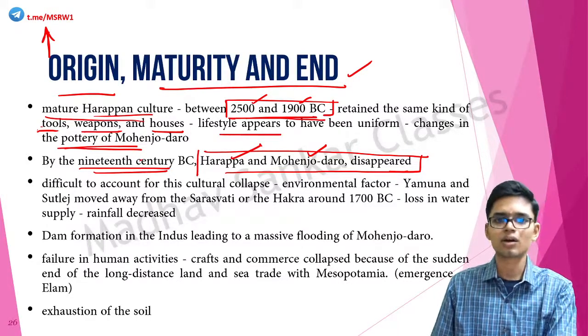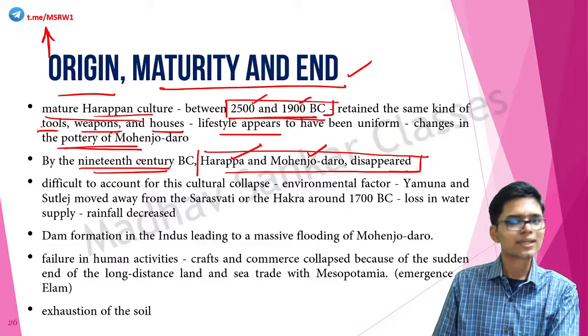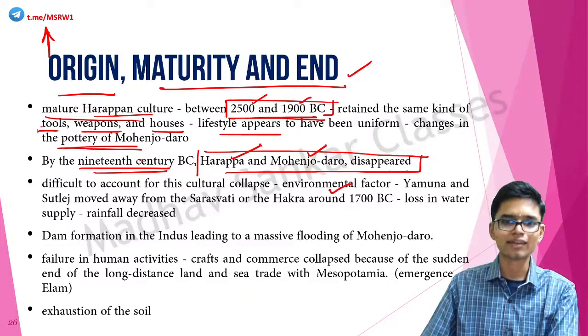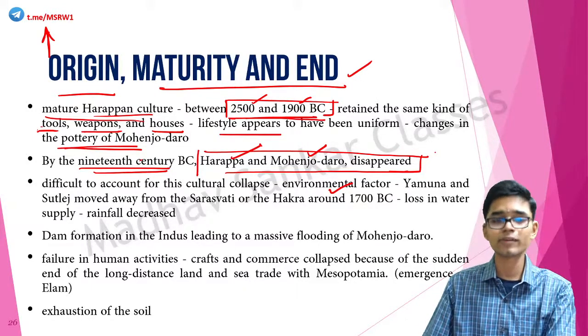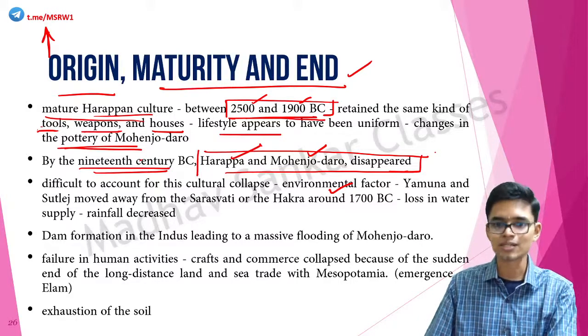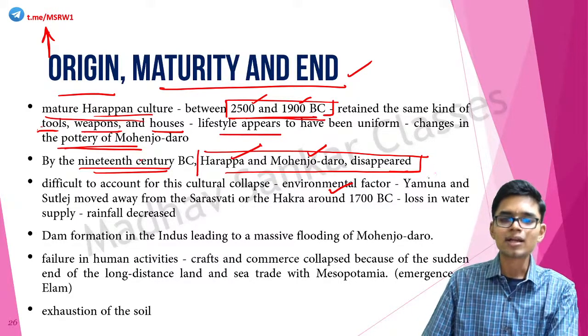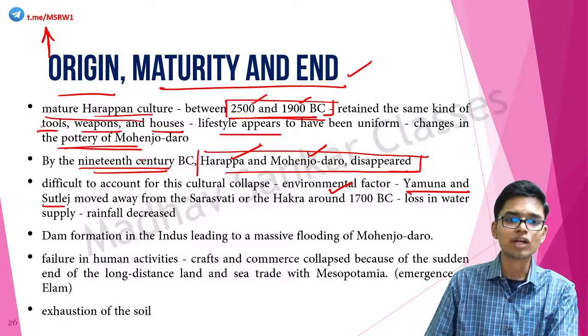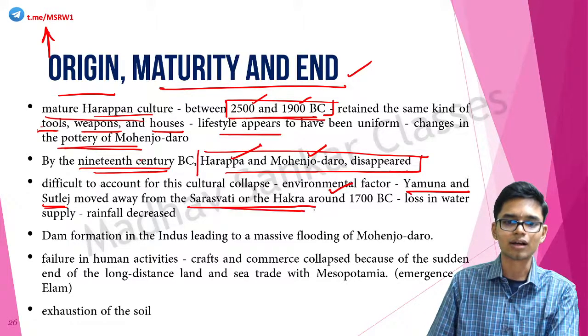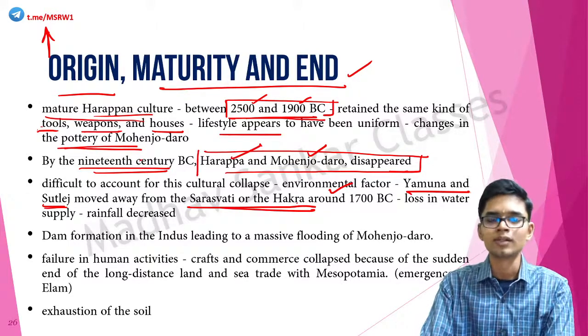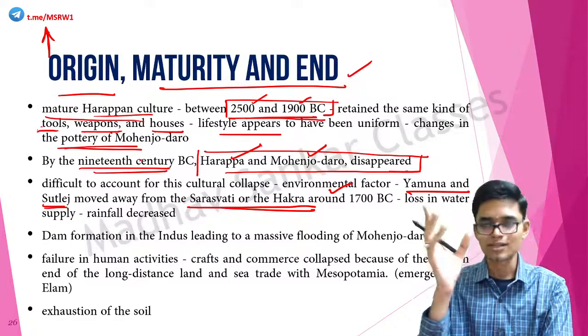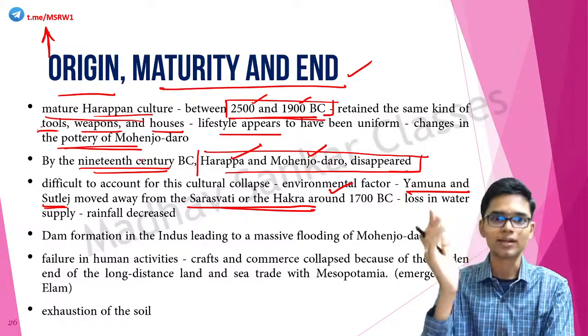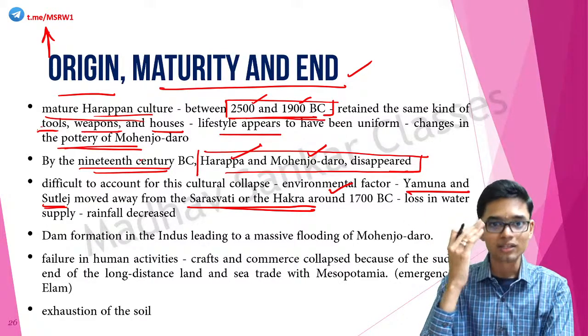It is difficult to account for. Some historians believe that there could be an environmental factor. That is very true. An environmental factor can lead to the decline of a city. For example, Yamuna and Satluj moved away from Saraswati or the Hakra in 1700 BC. The Hakra river, which was a very prominent one in the Harappan region, supplied water.